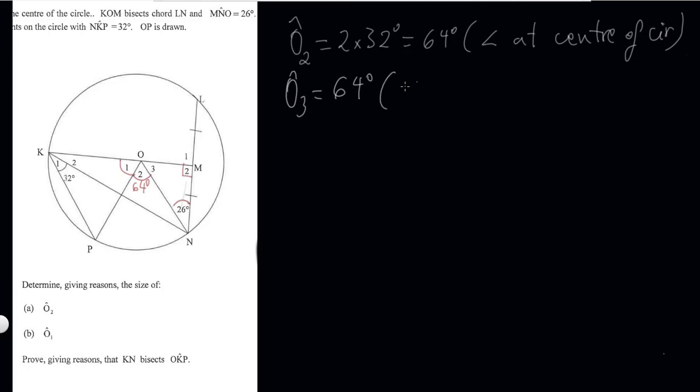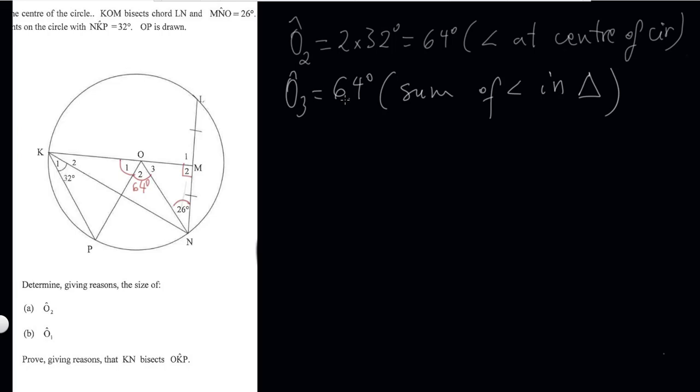The reason we say is because the sum of the angles in a triangle gives 180. Meaning that if you take 180 minus 90 degrees minus 26, it will give you 64. So this angle is 64.